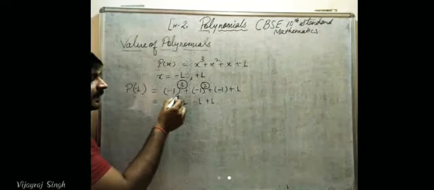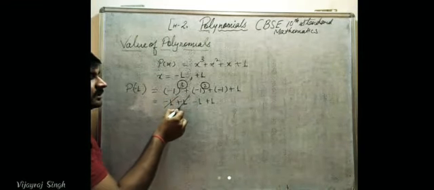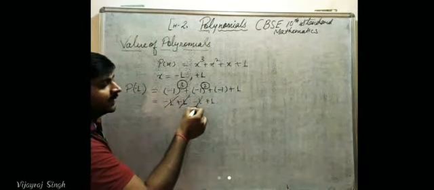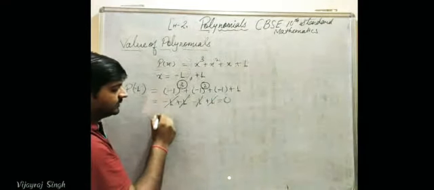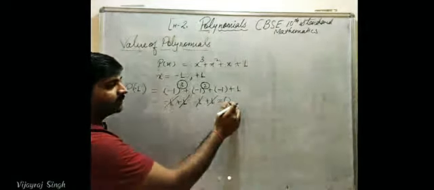So negative 1 cancels with positive 1, negative 1 cancels with positive 1, and we got 0, and this 0 is the value of the polynomial.